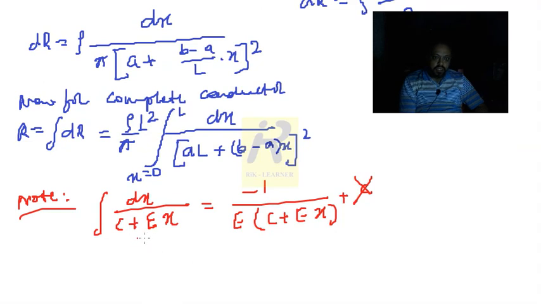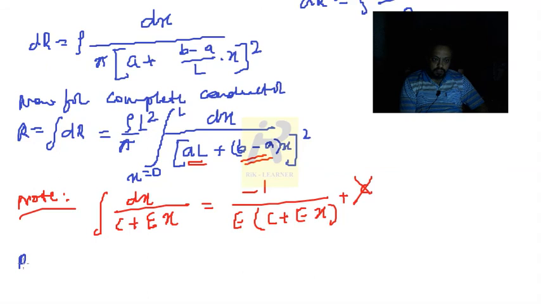So in our notation, what actually does this c stand for? This c stands for aL, right? e stands for b minus a. So now I have to rewrite this equation in a different way, using the values I already know.